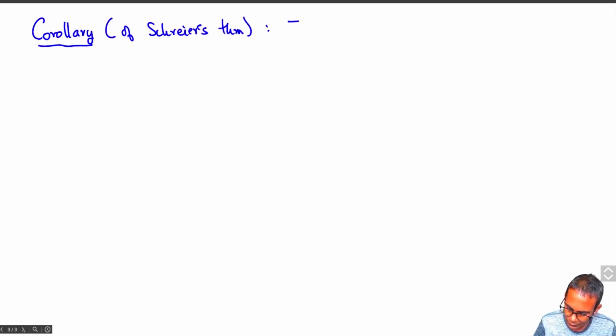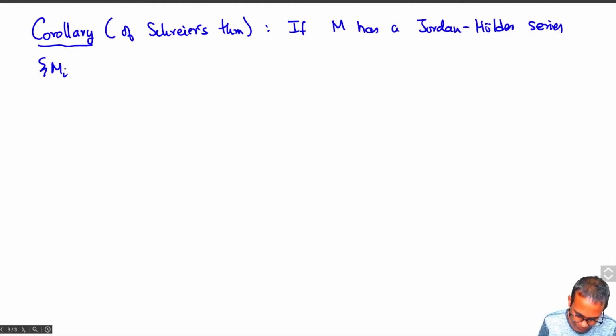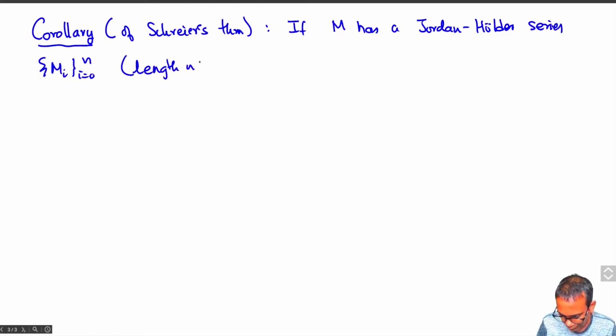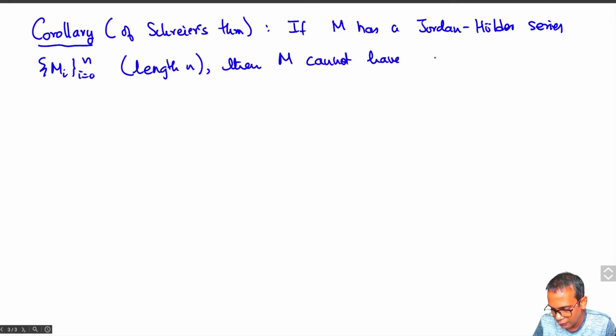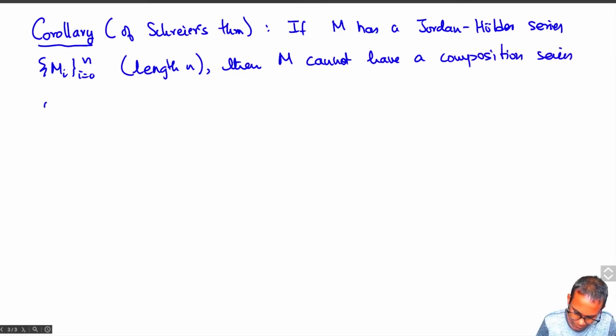Which says that if M has a Jordan-Holder series, Mi, i goes from 0 to n, so that means length, I call that length n, then M cannot have a strict composition series of length more than n.